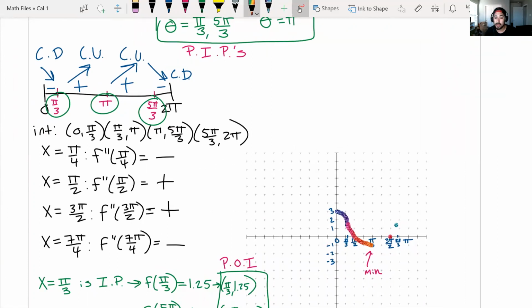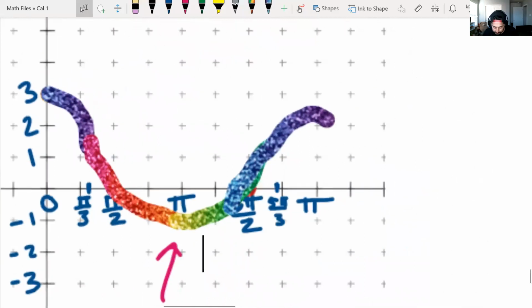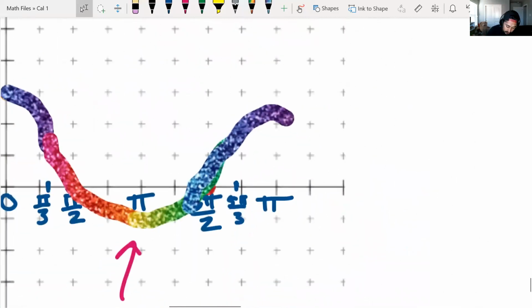And then from pi to 5 pi over 3, we're concave up again. So we curve up. And then from 5 pi over 3 to 2 pi, we are concave down. So we curve that way. And I realize that says just pi. That should be 2 pi.